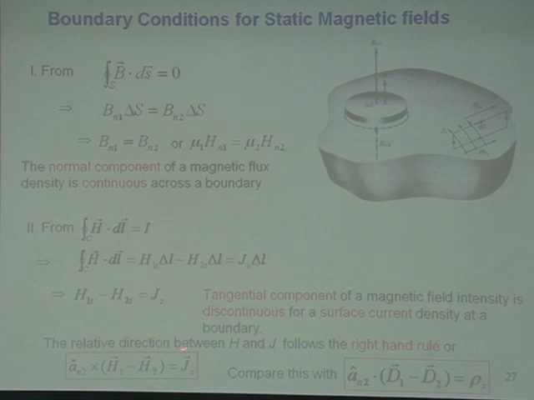Okay, and then you can get the proper direction of the surface current. Okay, and basically it tells you that the tangential component of a magnetic field intensity is discontinuous for a surface current density at the boundary. If there's no surface current at the boundary, then you don't have this term, and the tangential component of the H field will be continuous.